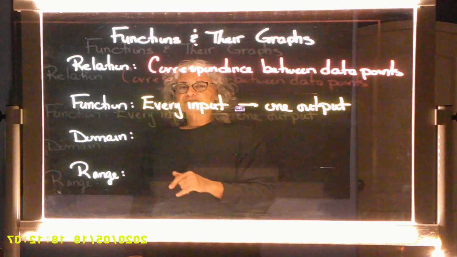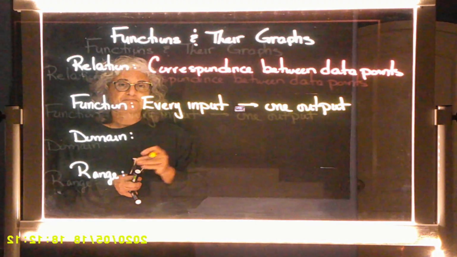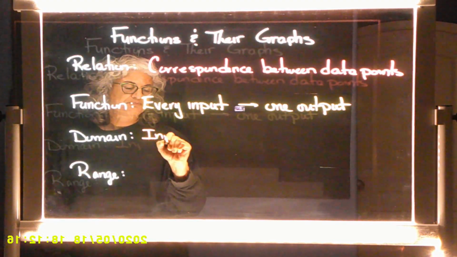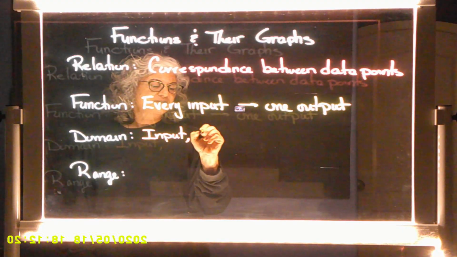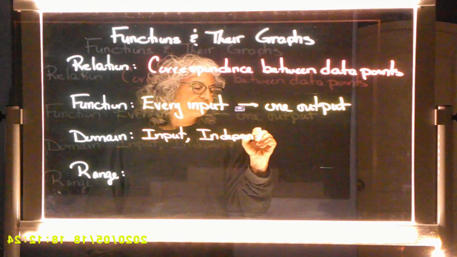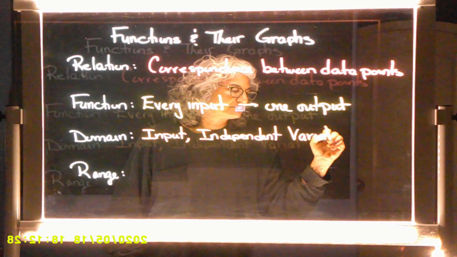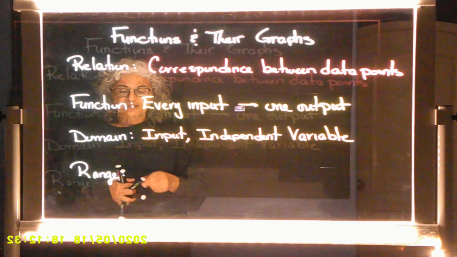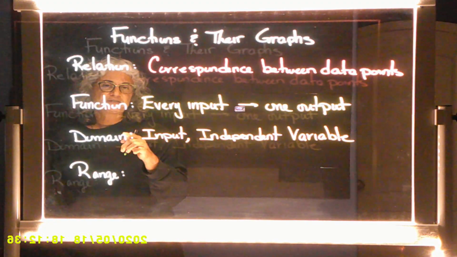Now, a couple other definitions, domain and range. The definition of a domain is the input. Sometimes the domain is also considered the independent variable. Now, the range, okay? The range is the opposite of the domain.